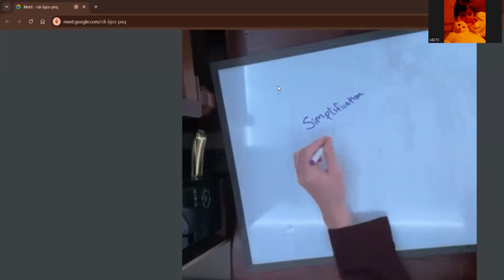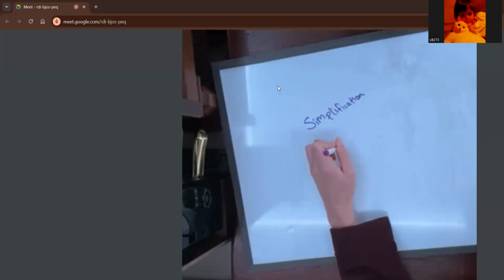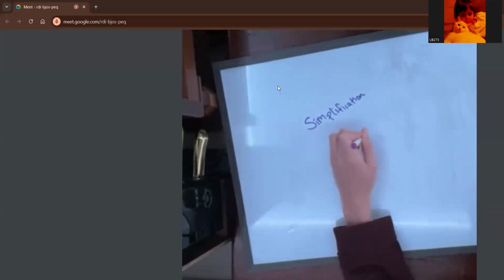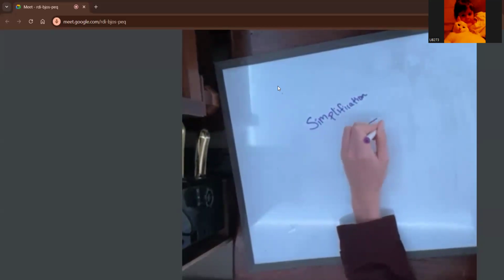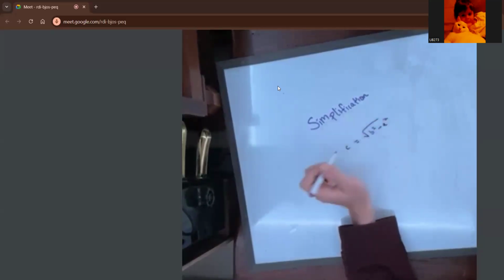Now, next I'm going to say are two sneaky test-taking tips. The first is a simplification cheat. This might not work for all professors or teachers, but for the most part, let's say you're using the Pythagorean theorem, and you have C is the square root of B squared plus A squared.